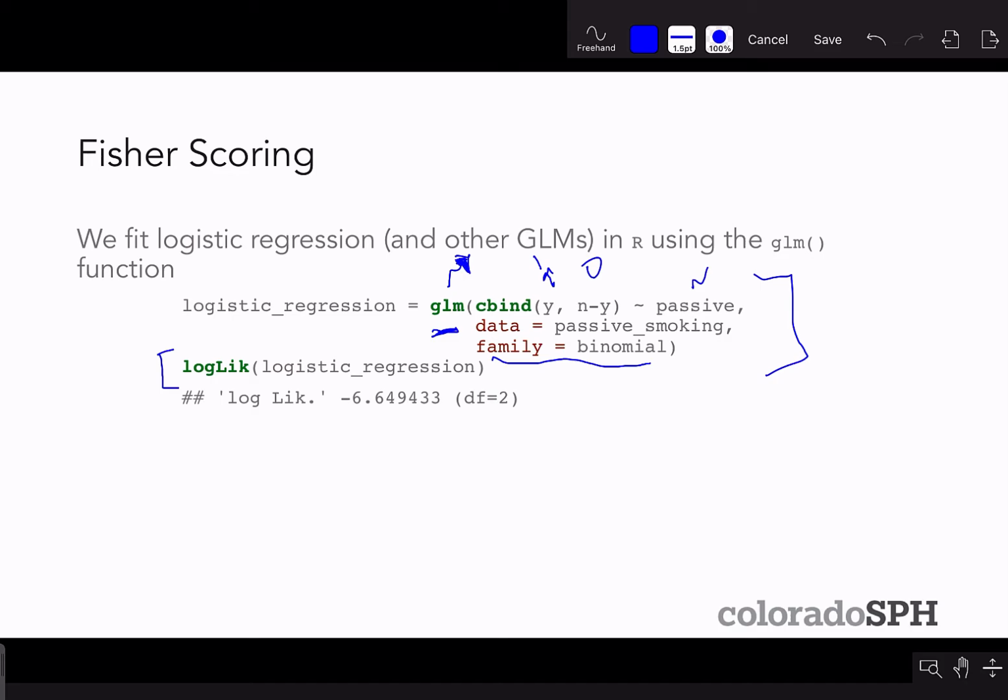And as part of that, it also calculates your log likelihood based on the values of the coefficients at the MLEs, beta 0 hat and beta 1 hat. And here's your actual value of the log likelihood at those MLE estimate values. It's negative 6.649, roughly.